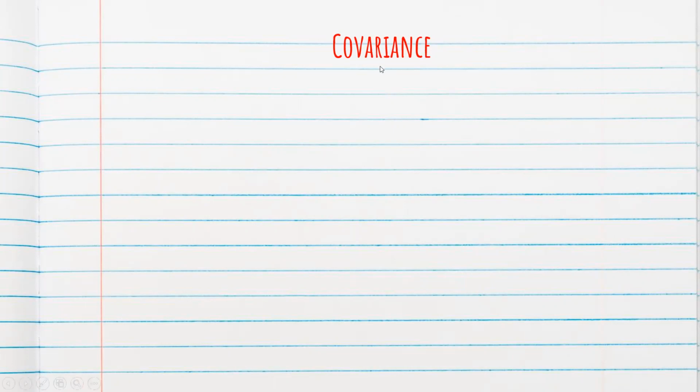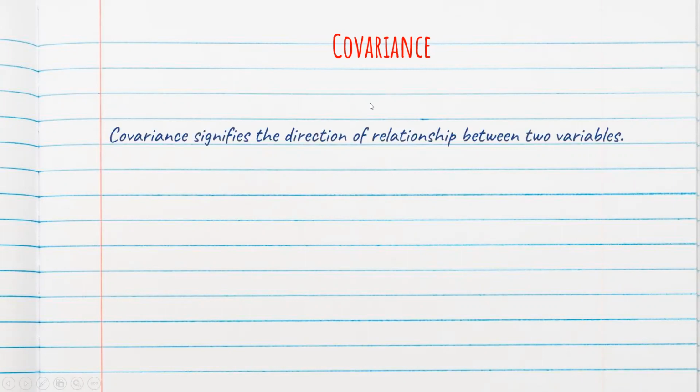Is it exactly the relationship between two variables? So let us now try to understand with the help of an example. So let me ask you a question. Just think for a while and give me an answer. So just assume that the temperature is increasing. And what happens to the ice cream sales when there is a rise in temperature?